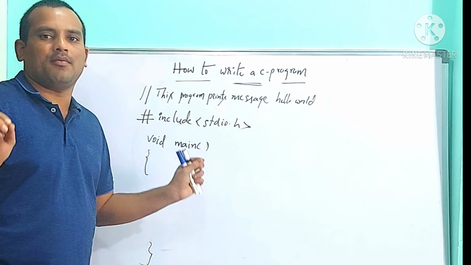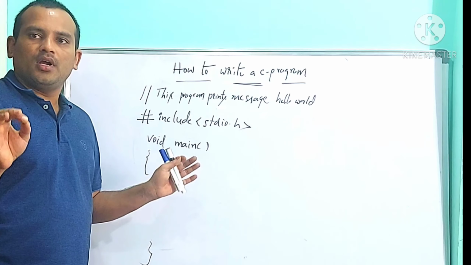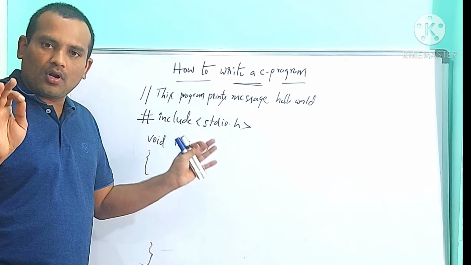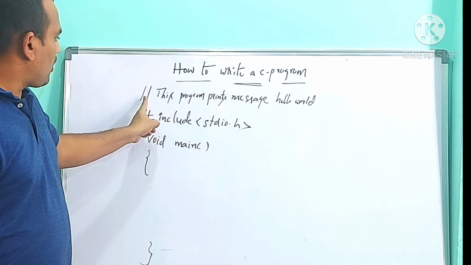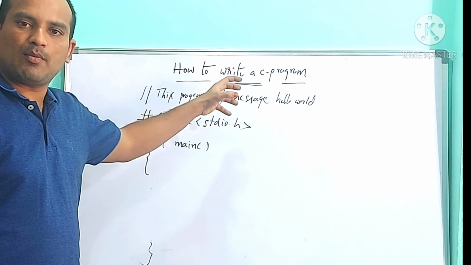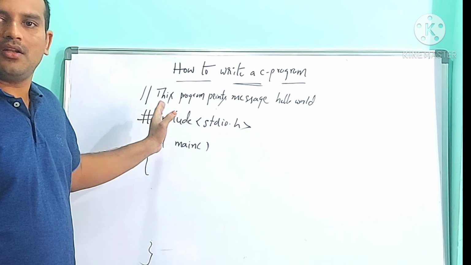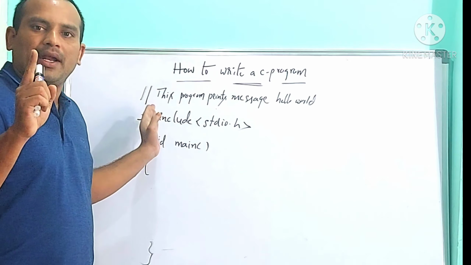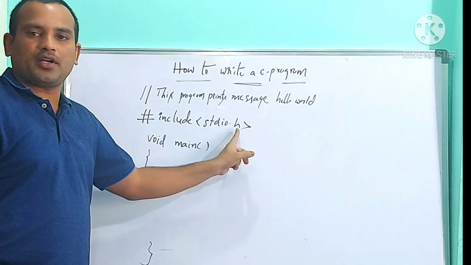Remember, my dear students and friends, while writing any C program, we need to follow these mandatory steps. First one is the documentation section, means double slash, some description about the program. Then the linking section, one header file is mandatory in every C program, that is stdio.h.